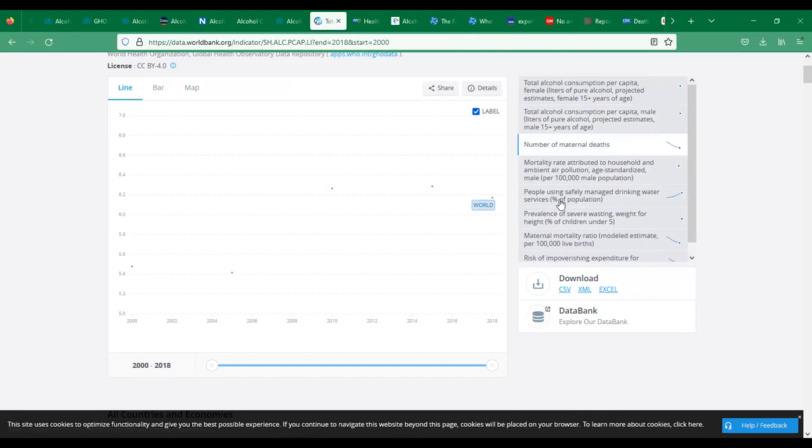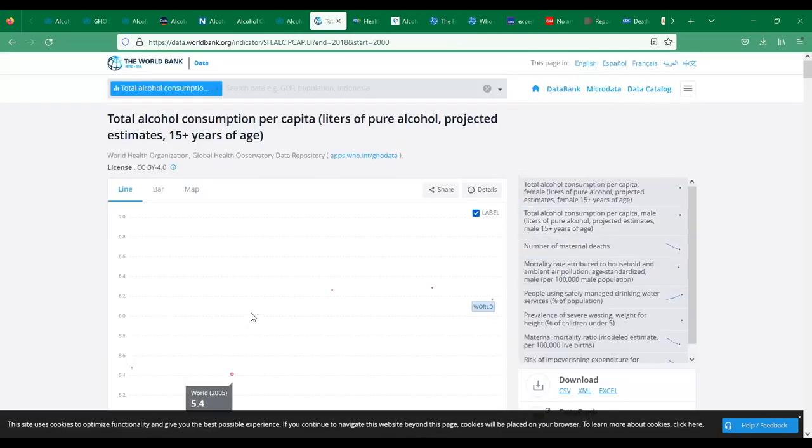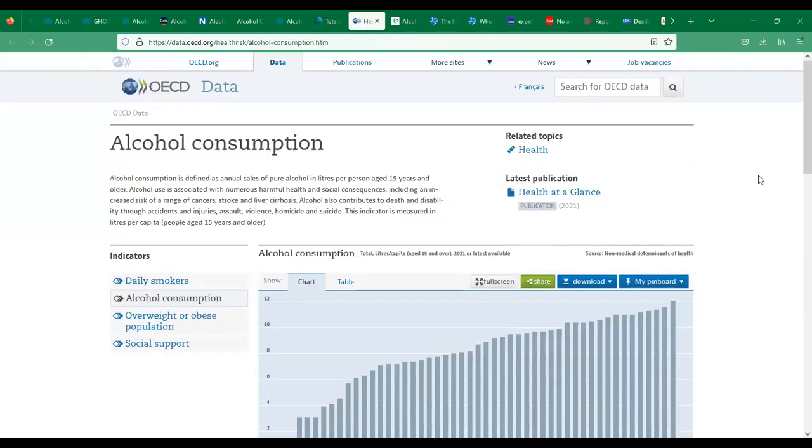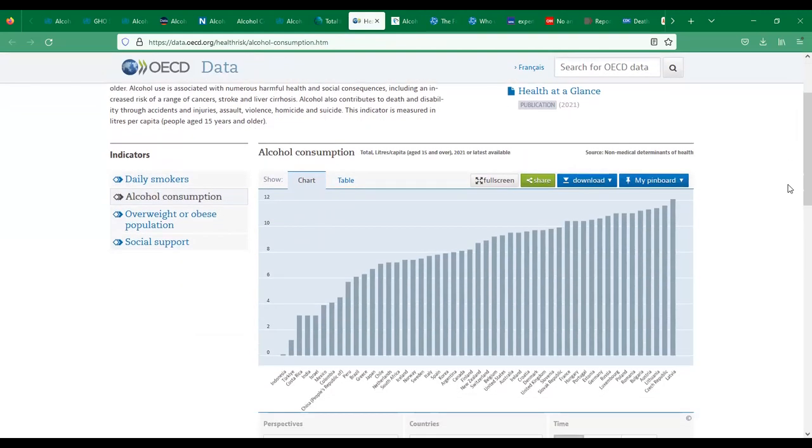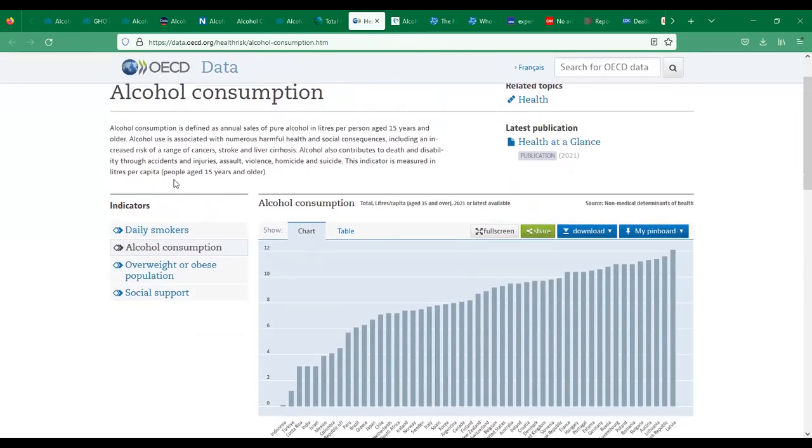You'll get similar data to the World Health Organization. We also have OECD data. Alcohol consumption is defined as annual sales of pure alcohol in liters per person aged 15 and older. That's the definition of the World Health Organization.